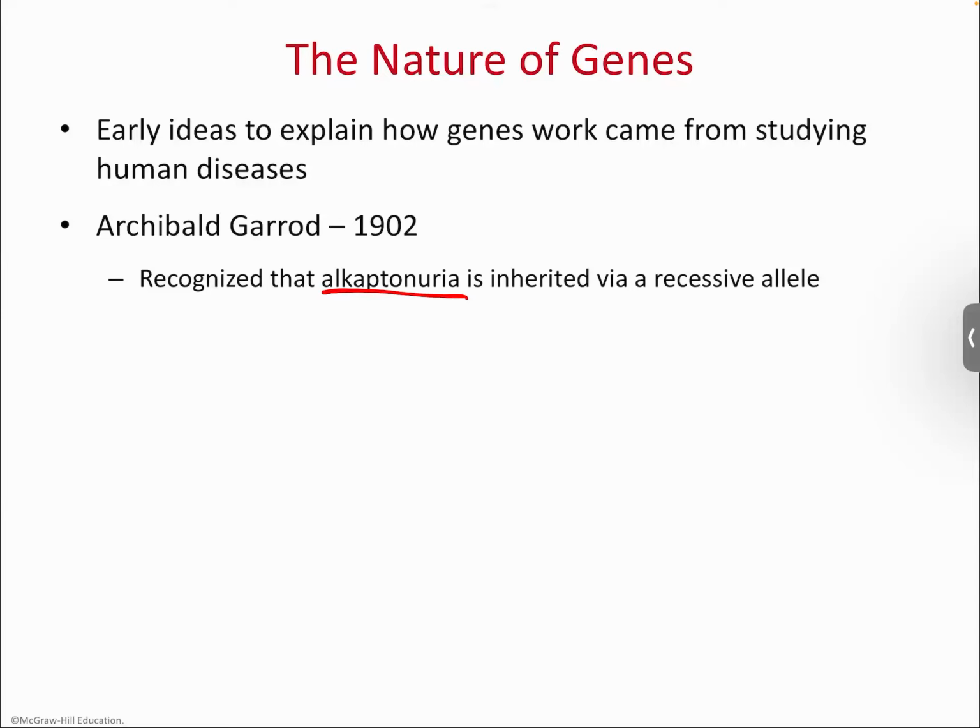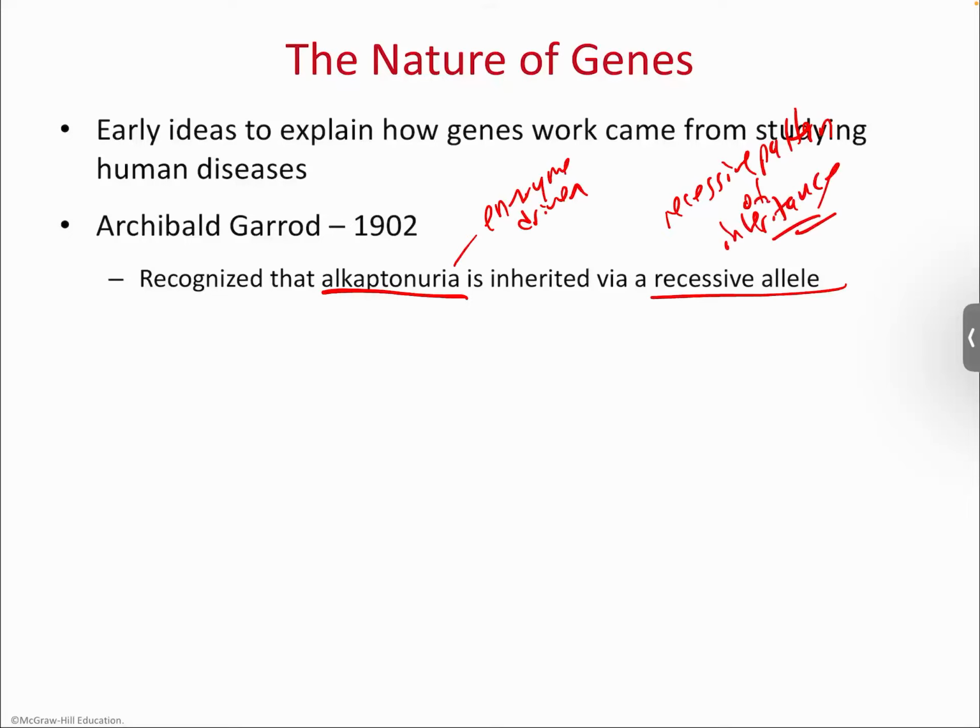He noticed a couple of things. He knew that this was enzyme driven, and he also noticed that it had a recessive pattern of inheritance. How did he know that?